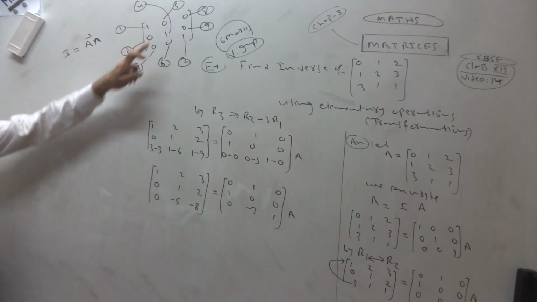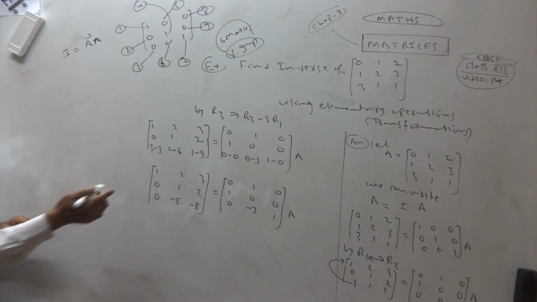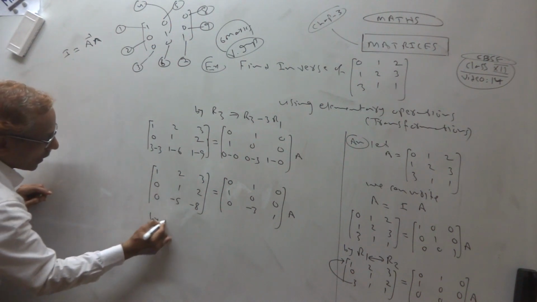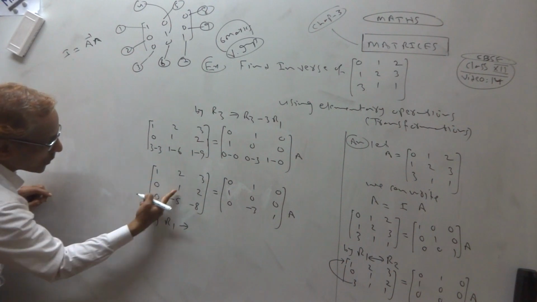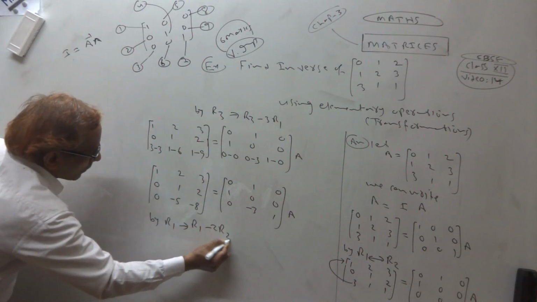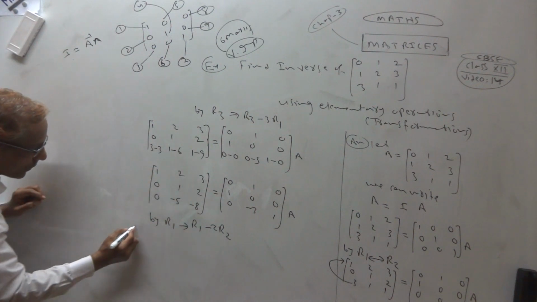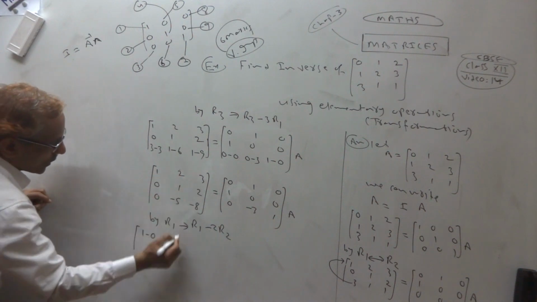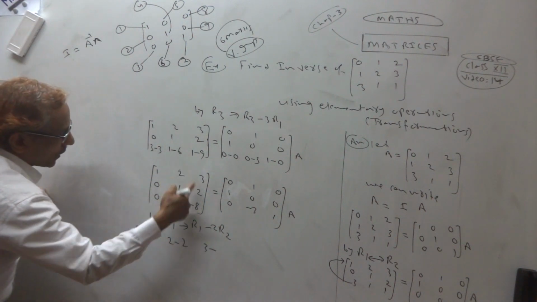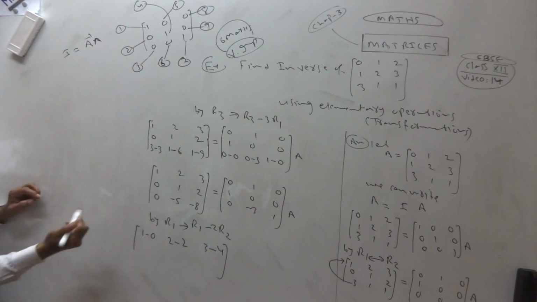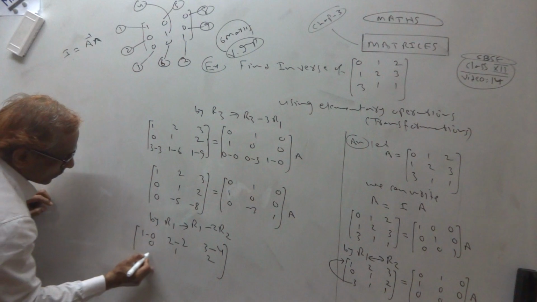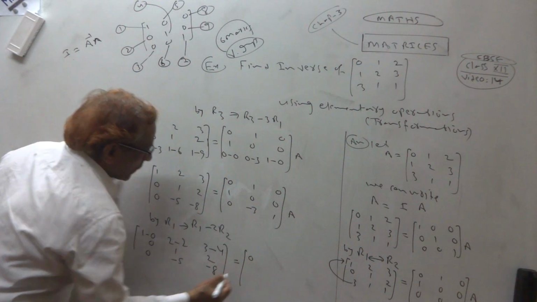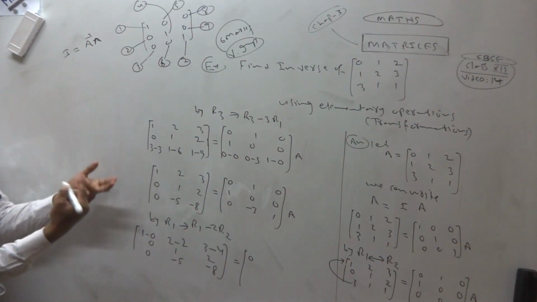Fourth step, we should get 1 here. Already 1 is there. So you make this 0 now. R1 gives R1 minus 2 R2, because 2 minus 2 ones are 2, I get 0. 1 minus 2 into 0, 2 minus 2 ones are 2, 3 minus 2 twos are 4... R1 minus 2 R2 means R1 will change on both sides.